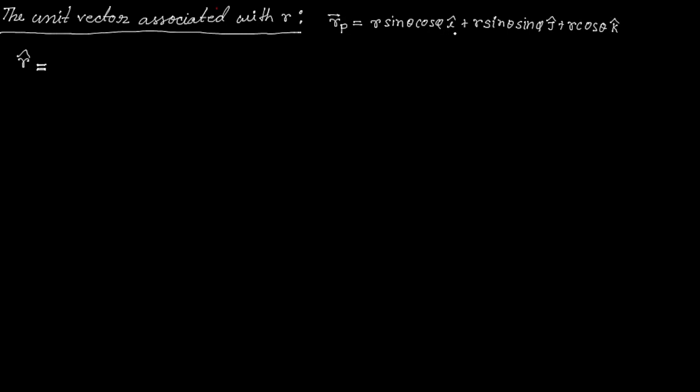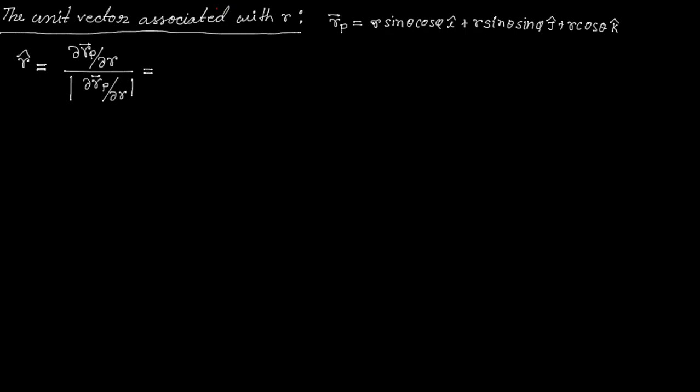So it's a function of three variables. So we can define three unit vectors. So first, we want to define the unit vector associated with variable r. For that, first we have to take a partial differentiation of this Rp with respect to r, and then we have to divide by its magnitude.